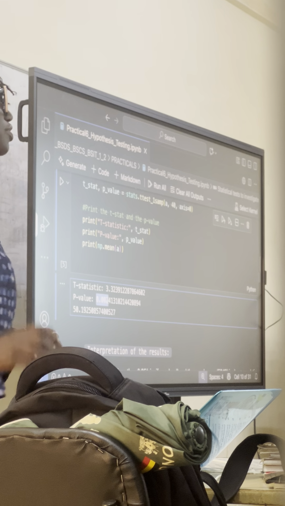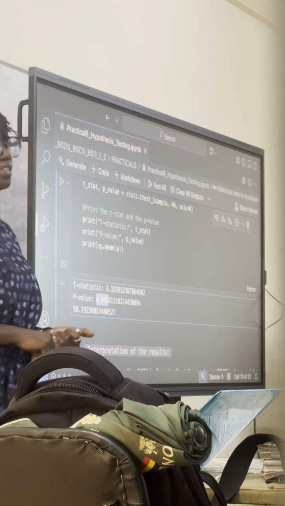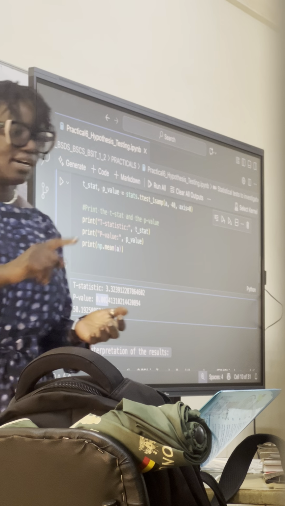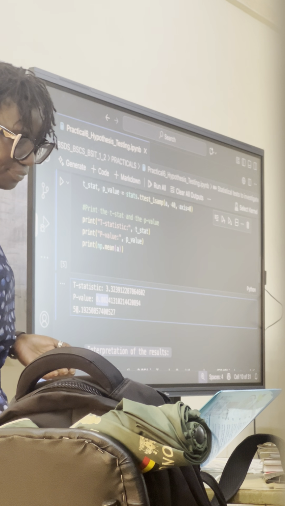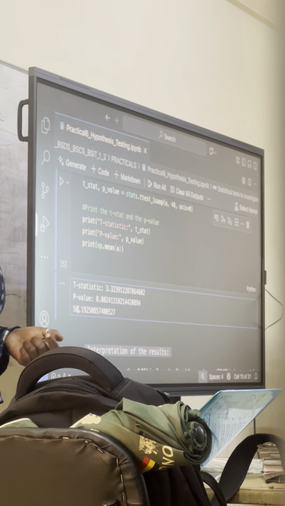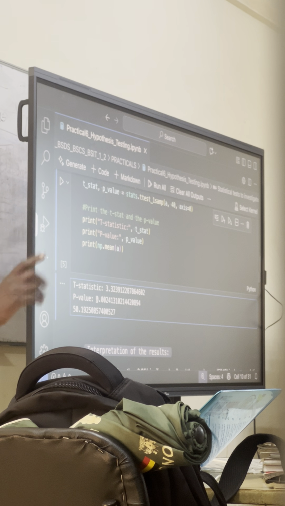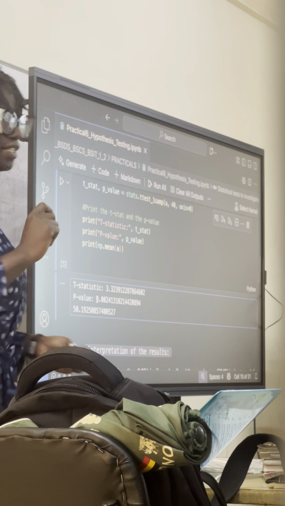Our p-value is showing that it's less than 5%, so we reject the null hypothesis, meaning our sample mean for sample A is not the same as our population mean. And we only say that confidently using the p-value.